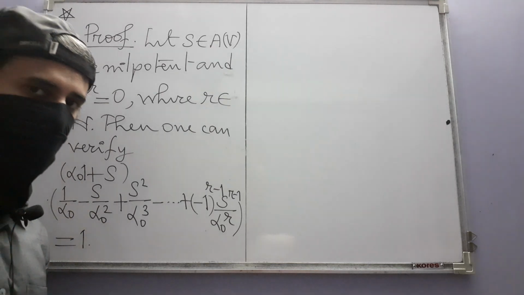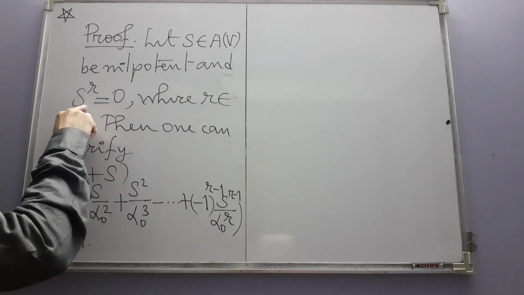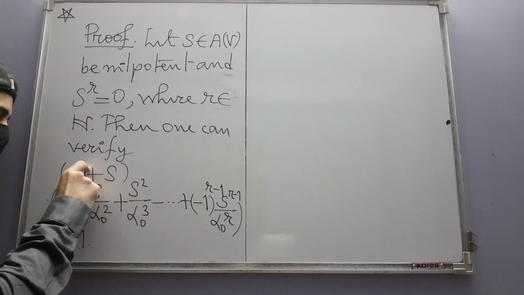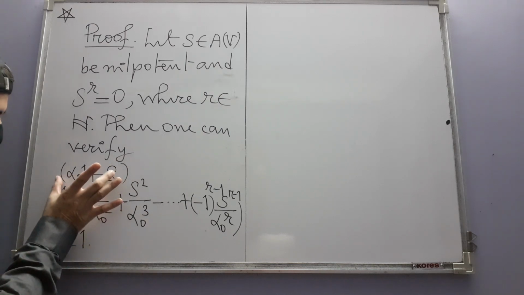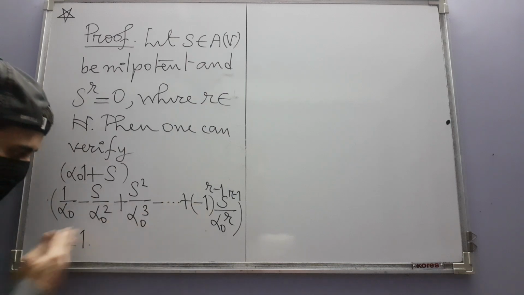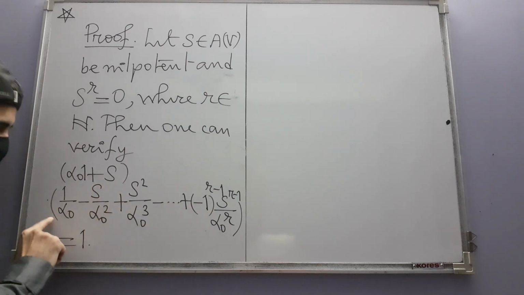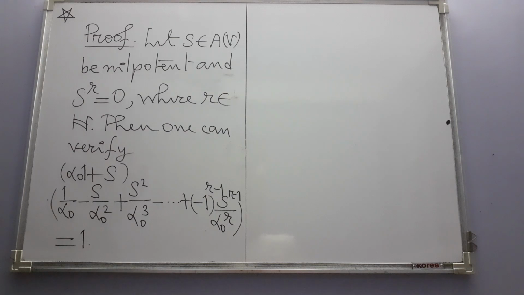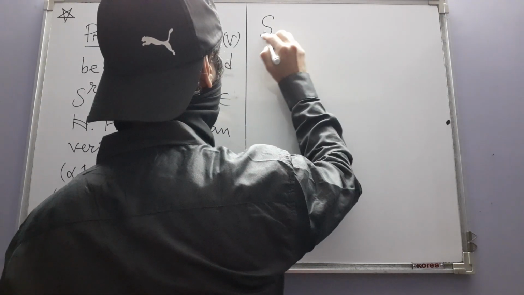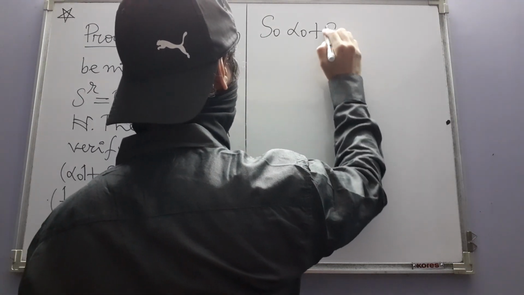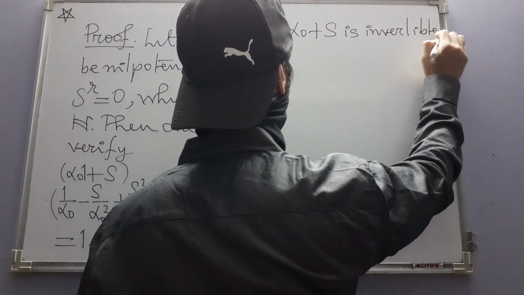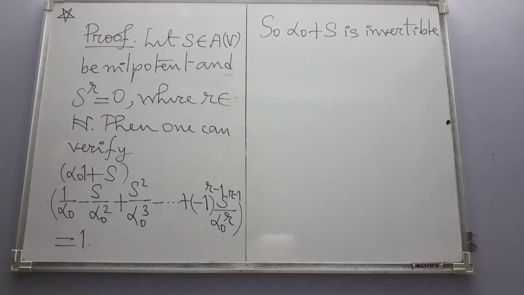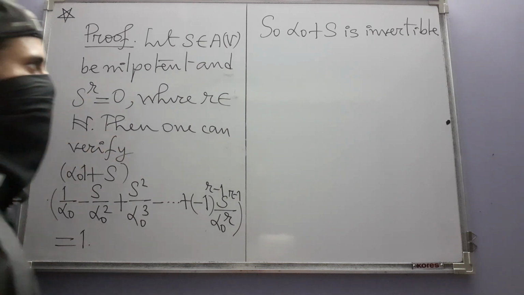So with that understanding, what we see here is that if you add a non-zero scalar to a nilpotent operator, then the resulting operator is invertible, because this is the inverse of alpha naught plus s. We are now going to use this fact to prove that our operator is invertible.